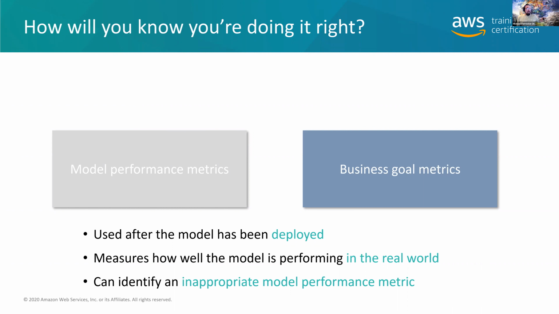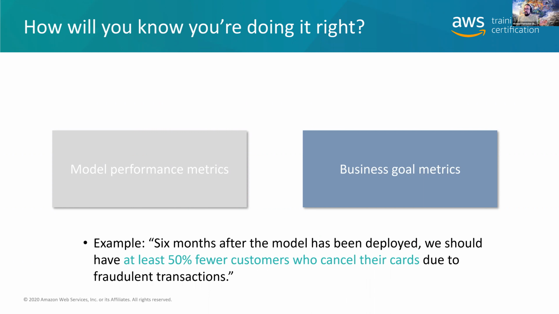We might still be using the model performance metrics to see how many fraud transactions it's identifying as fraudulent, but then looking at whether or not that's actually impacting the business, right? So there are 50% fewer customers in this case who cancel their cards due to fraudulent transactions.